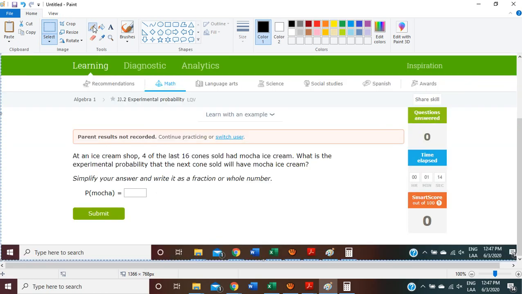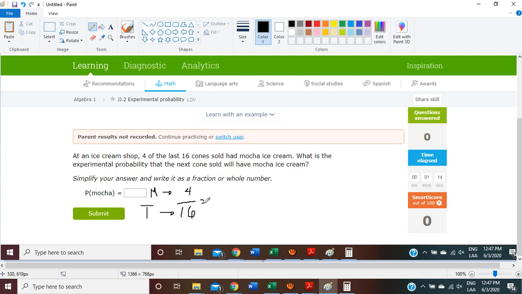In this situation, the total is 16, and the mocha ones are 4. So 4 out of 16 have been mocha, right?